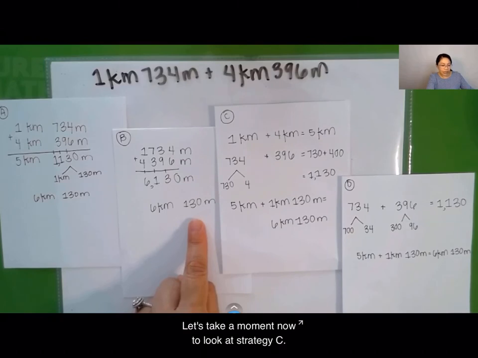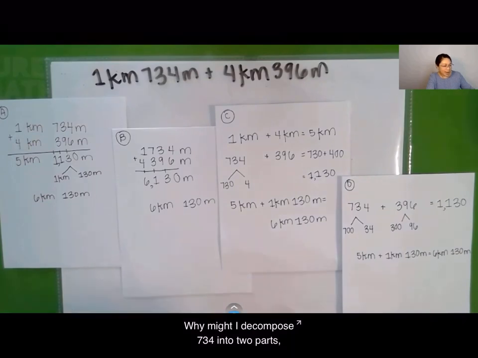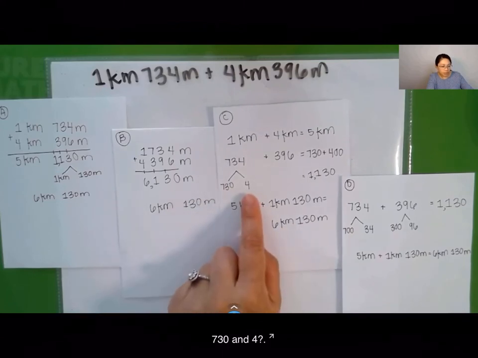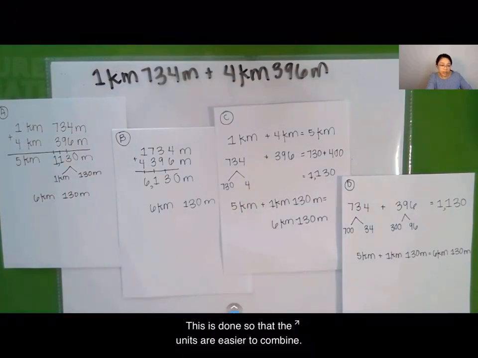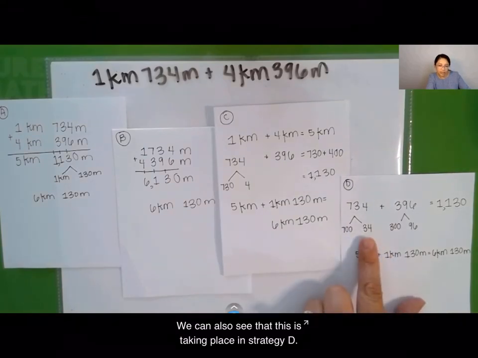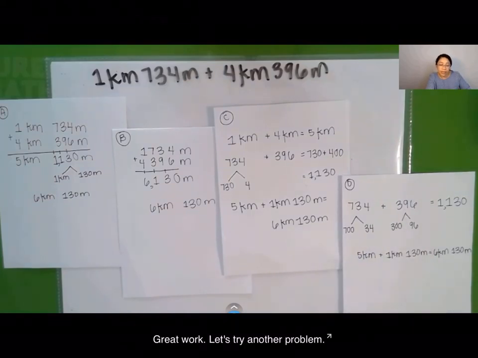Let's take a moment now to look at strategy C. Why might I decompose 734 into two parts, 730 and 4? This is done so that the units are easier to combine. We can also see that this is taking place in strategy D. Great work. Let's try another problem.